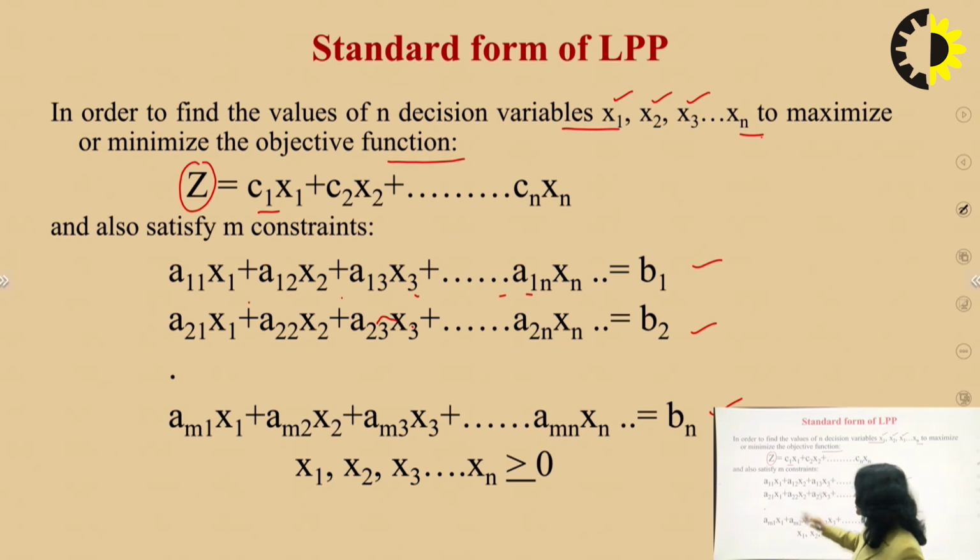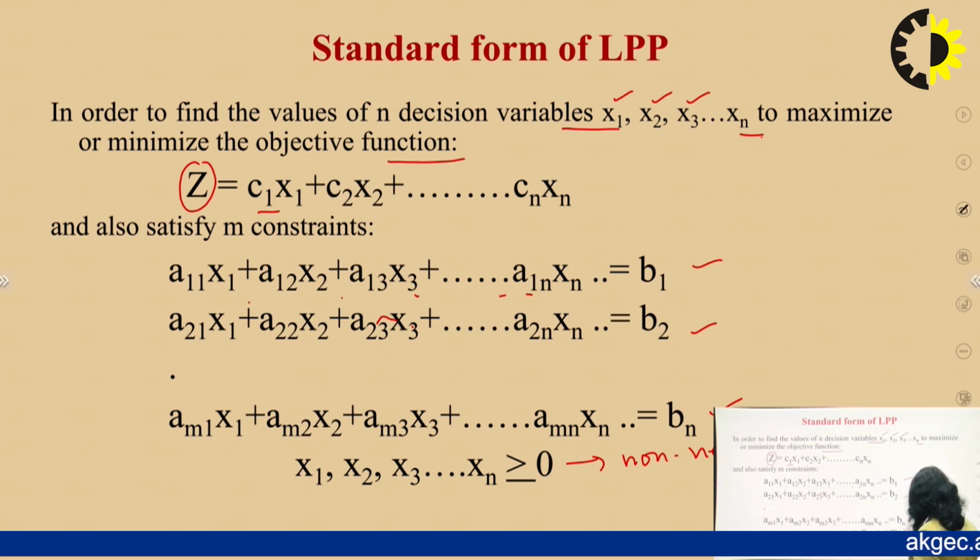Our objective should satisfy the constraints. There are m constraints here, and x1, x2, x3 up to xn should be greater than or equal to 0. Basically, these are the non-negativity restrictions.